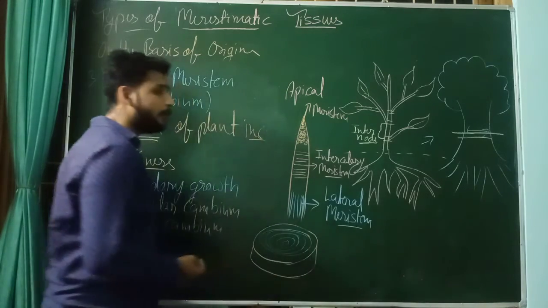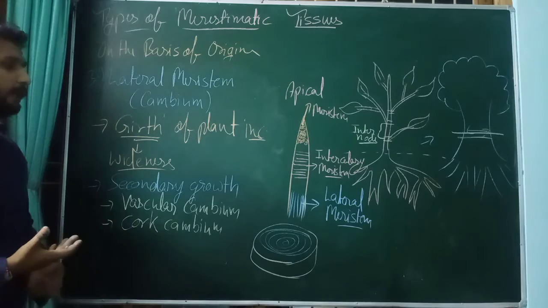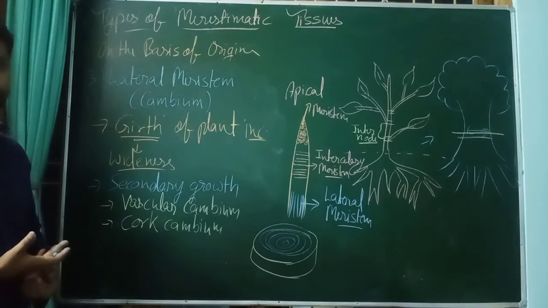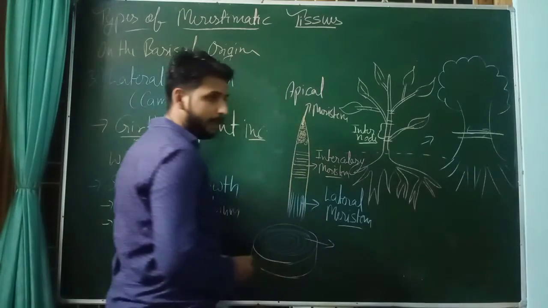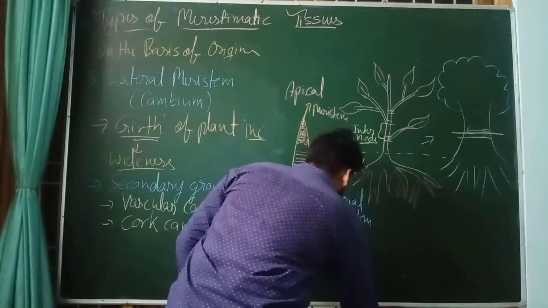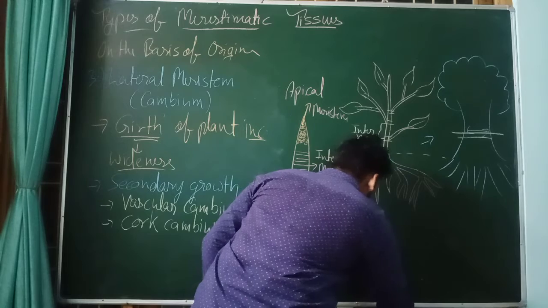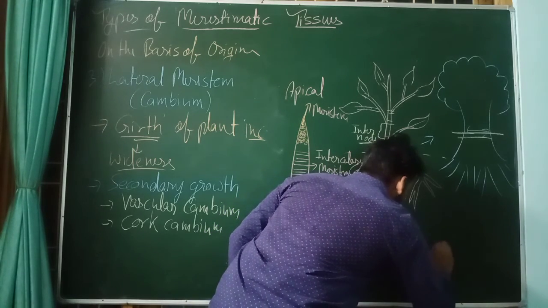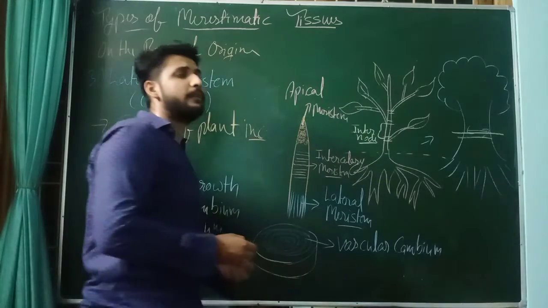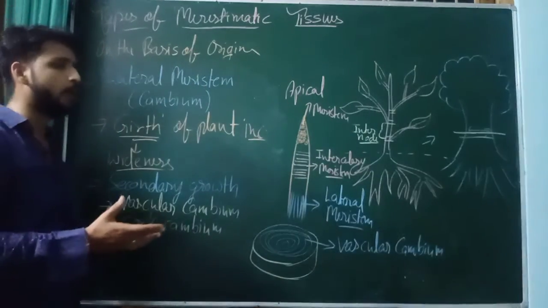With the help of these rings, scientists can identify the age of the plant. And here is present the vascular cambium, between the xylem and phloem tissue.